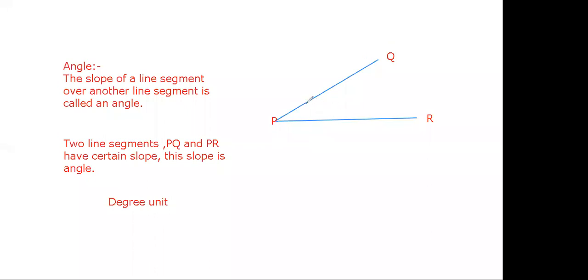From here up to here, how much value does the protractor show? That is the angle between these two line segments, PQ and PR. Now there are many types of angles.